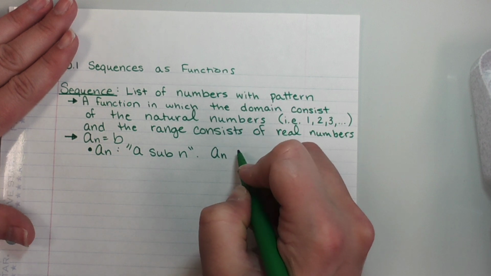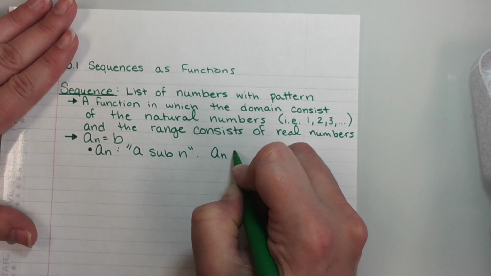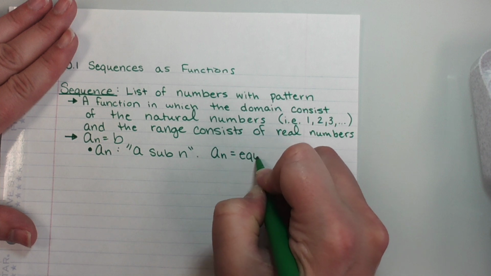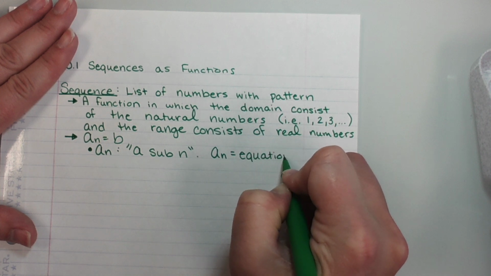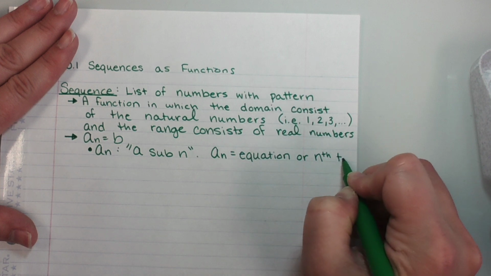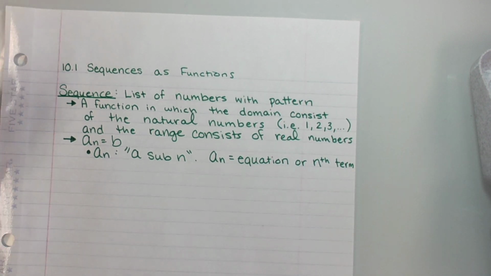A sub n is generally speaking going to be equal to essentially the equation, or what's known as the nth term, the nth number in the list.